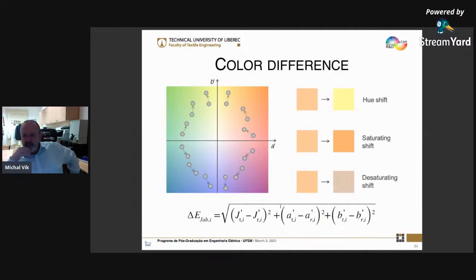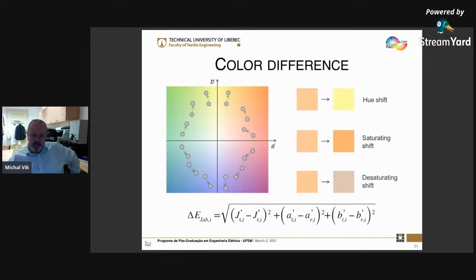How is it possible to compute the difference? It is necessary to remember that if I compare the position of samples under my tested light source in comparison to the reference light source, the position of the samples will change in color space. And this difference I can describe via 3 terms: hue, chroma or saturation or colorfulness, or we can speak about desaturation shift or saturation shift, and also we can discuss lightness shift.